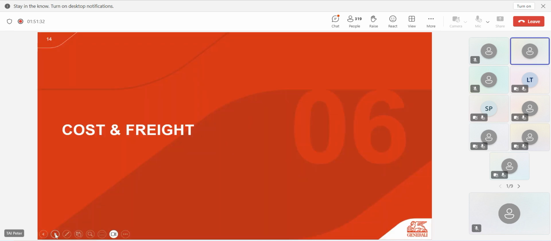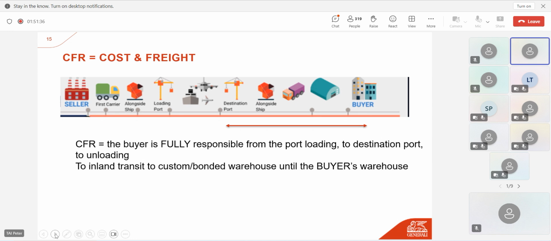After free on board is cost and freight, C&F. CFR, sorry, cost and freight. So CFR meaning what? Meaning the freight charges, the cost, all the way the seller will be responsible up to the port of destination.